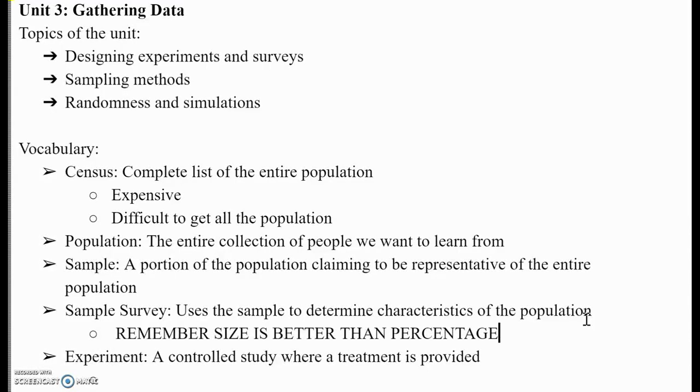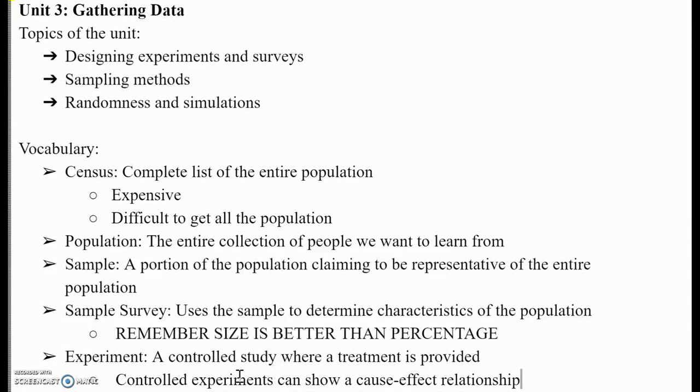The next is an experiment, which is just a controlled study where treatment is provided. Controlled experiments can often or can always show a cause-effect relationship. What do I mean by control?